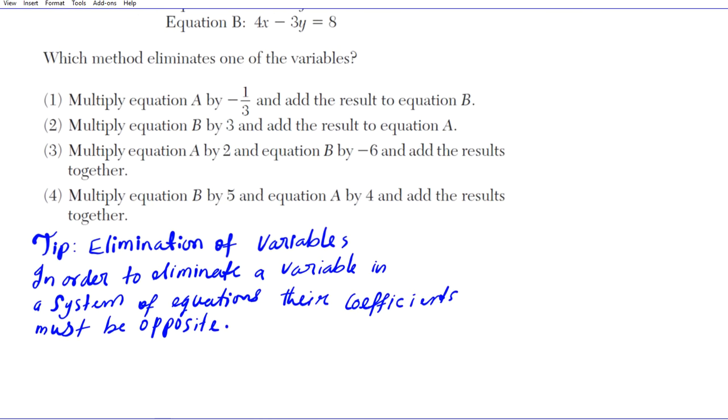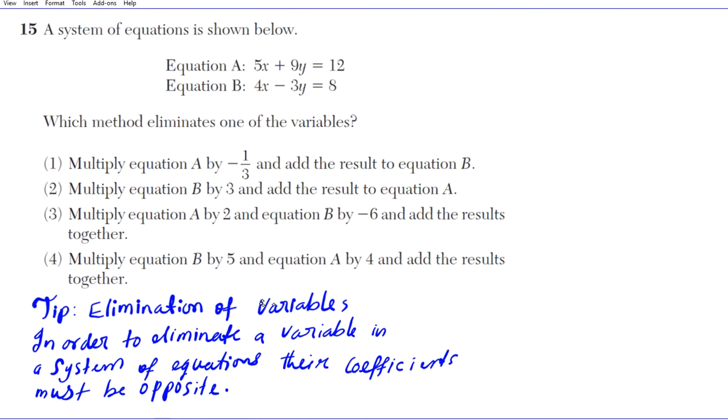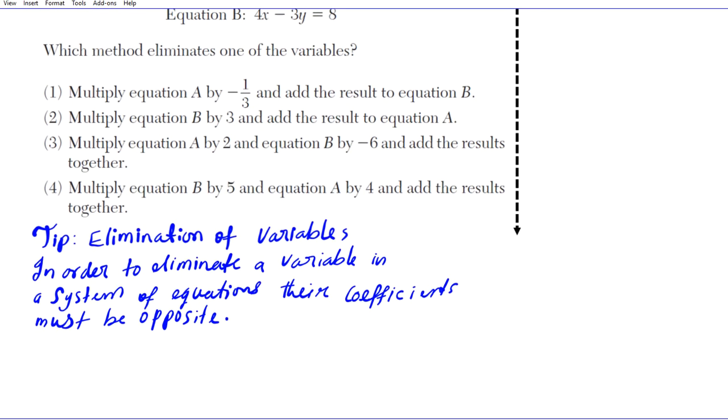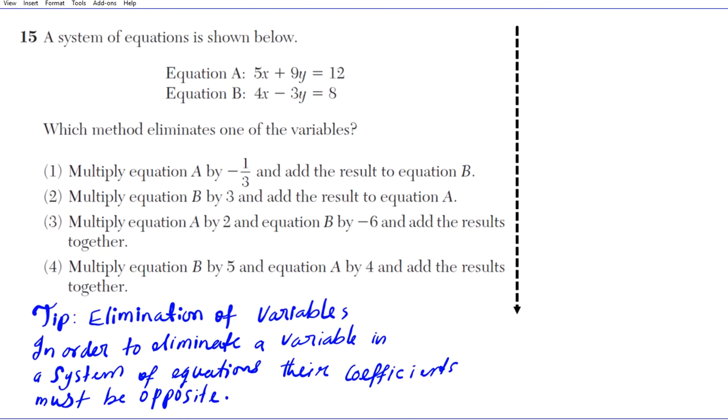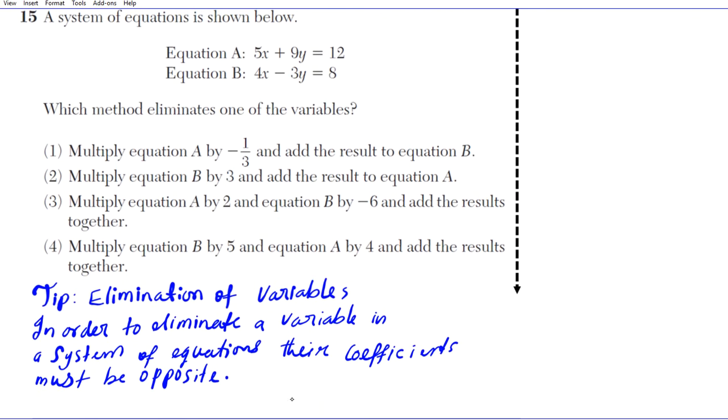Alright, so what we're going to do is apply these steps to the problem and see which one results in us getting opposites in our system of equations. So the first one, we're multiplying equation A by negative 1/3.